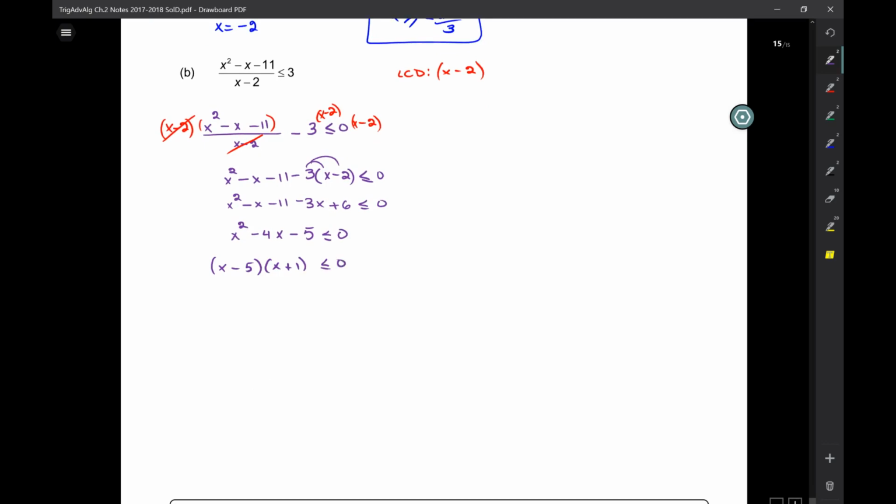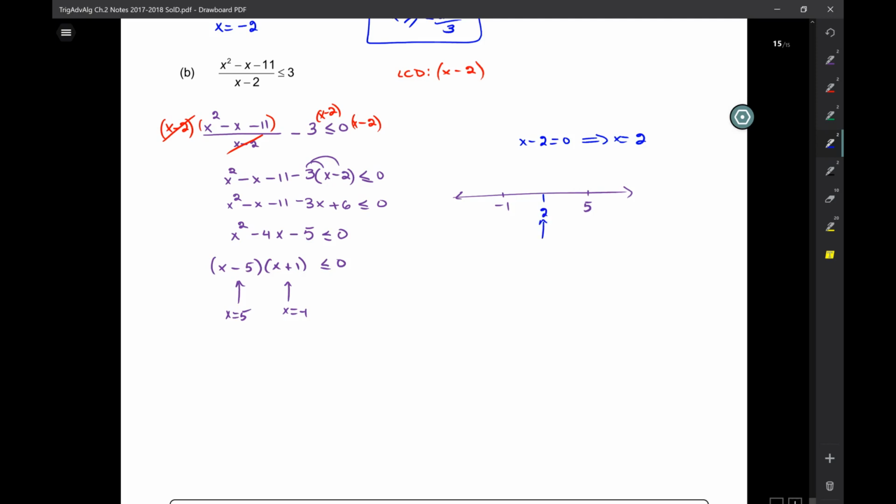Okay? All right, so what numbers do we get from the first one? 5, -1. So on my number line, I'm going to put -1, 5, and what else? From the denominator, 2. So you use the LCD also.